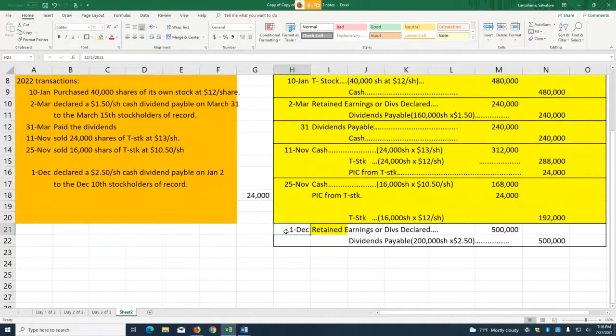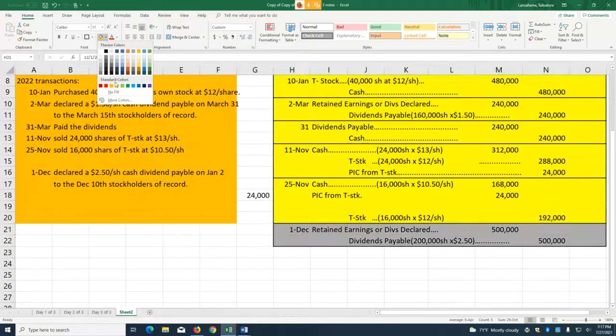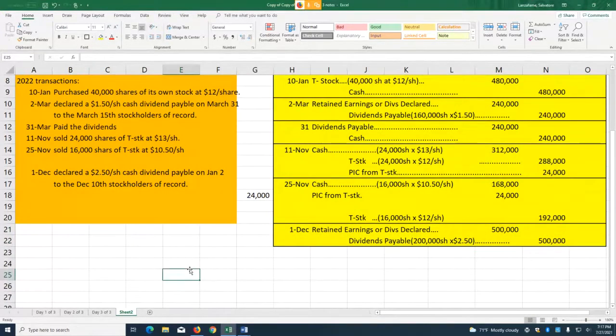You got it. So now, looking at this next entry, this is going to help us decide, was it okay to use retained earnings, or should I have just used dividends declared? When we read this next transaction, if they hadn't put this transaction in here, retained earnings or dividends declared would be fine.